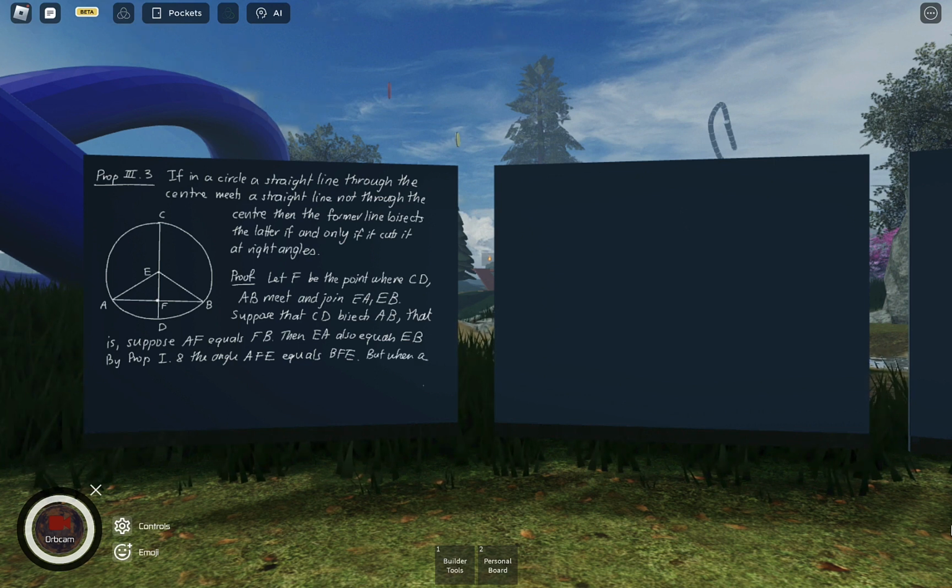But when a straight line, in this case CD, set up on a straight line, in this case AB, makes adjacent angles equal, they are both right. Okay, so that's by definition. So both of them are right.